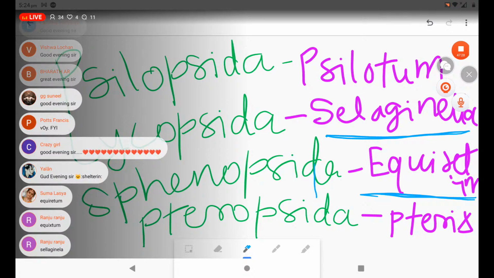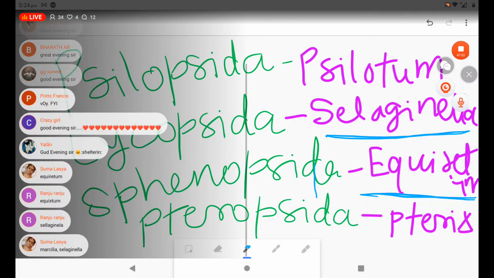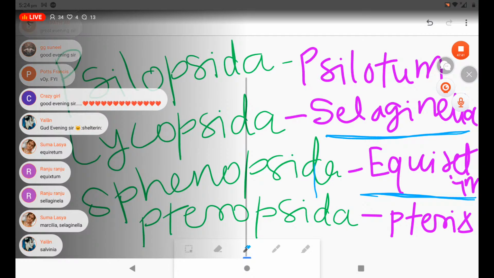If you are finding it, it is also available on the screen. Ranju gave it first, very good. Selaginella, and Sumalasa also gave it. Very good. Marsilia, Selaginella, Salvinia: these are the examples identified as heterospores.